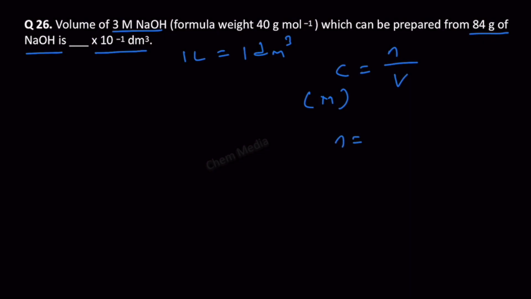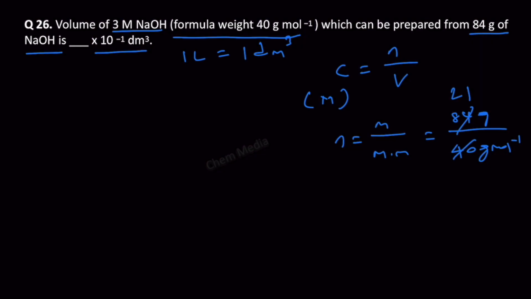Number of moles is equal to mass divided by molar mass. Here what they mean by formula weight is basically molar mass, and therefore that is equal to weight given, 84 gram, divided by molar mass, 40 gram per mole for NaOH, and therefore this is 21 divided by 10, and that is equal to 2.1 mole.